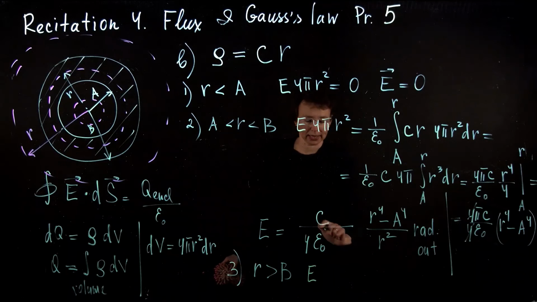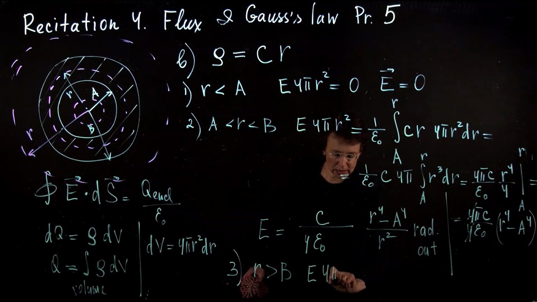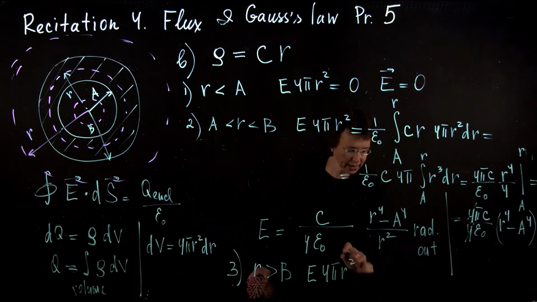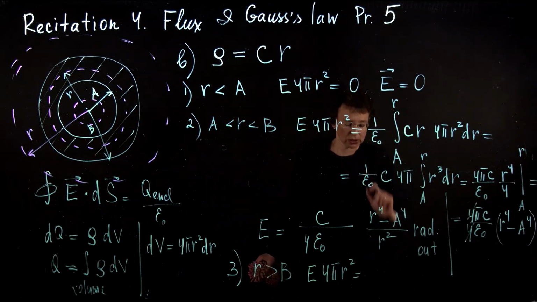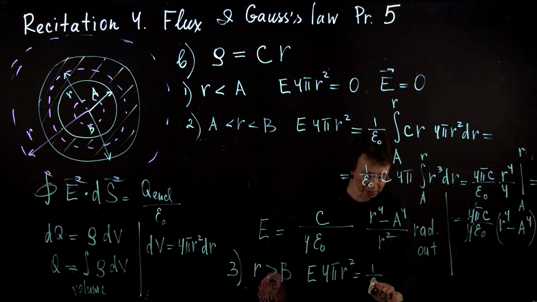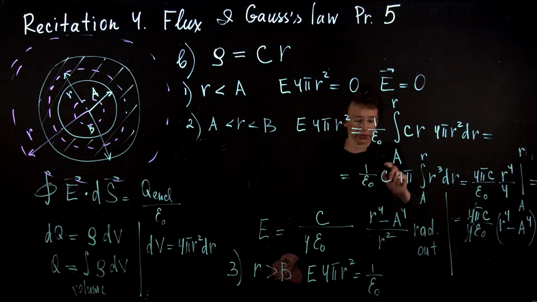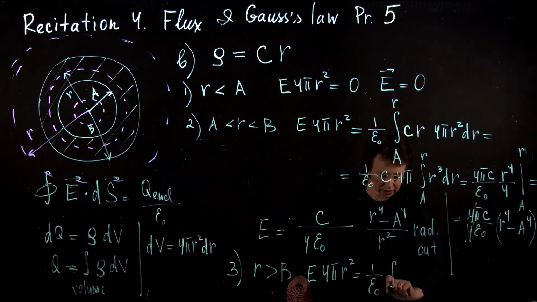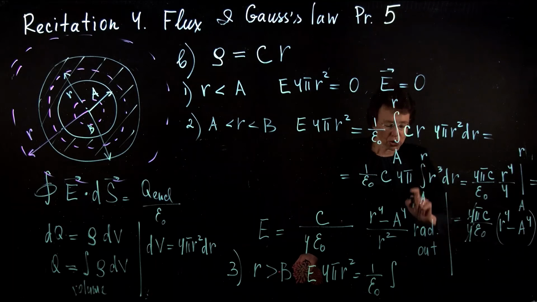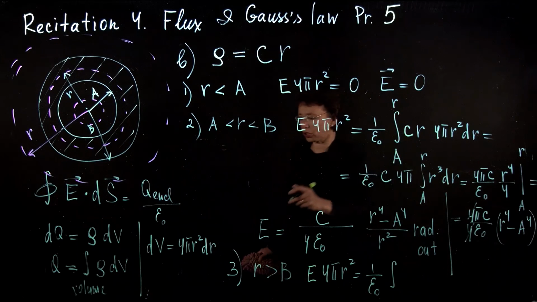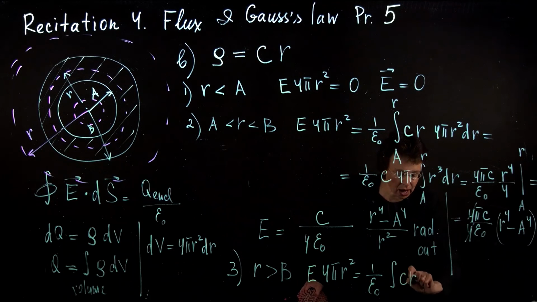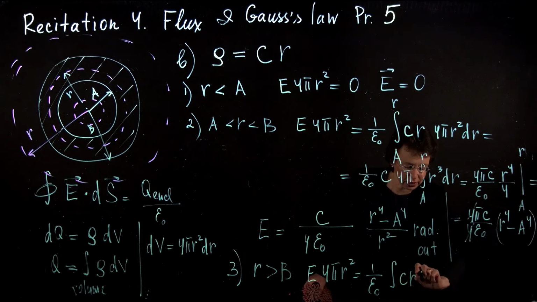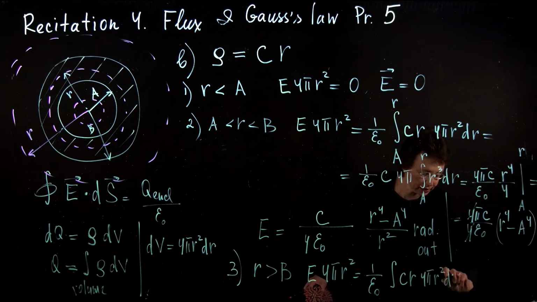The left-hand side is the same, E times 4 pi r squared. Now the right-hand side of Gauss's law is 1 over epsilon naught, and then I have the integral of rho dv, no changes here. Q is rho dv, rho is C r, dv is 4 pi r squared dr.